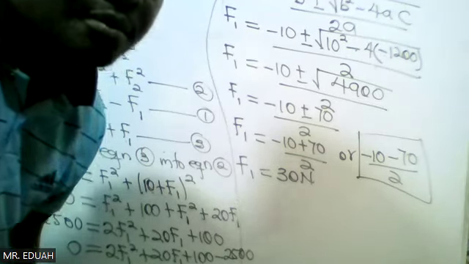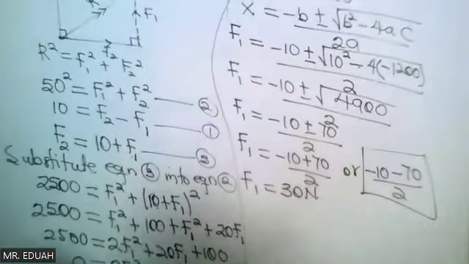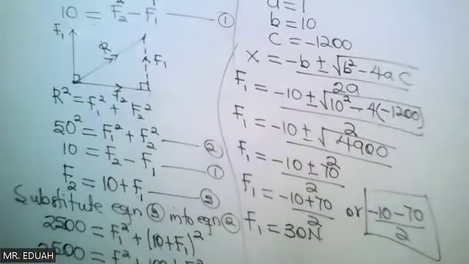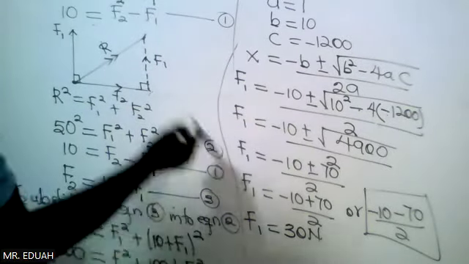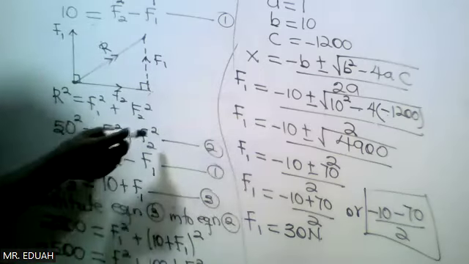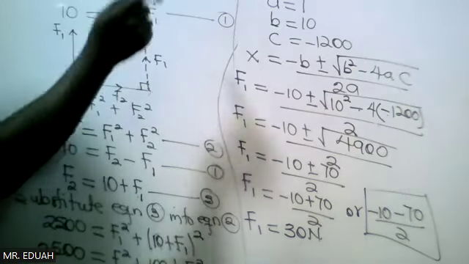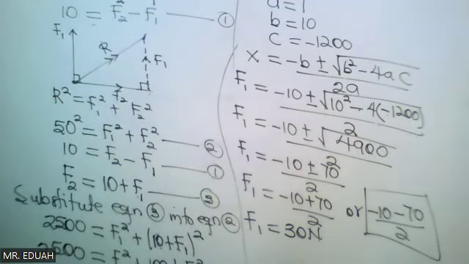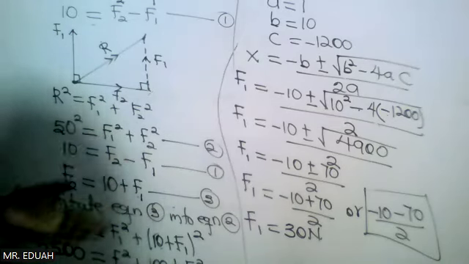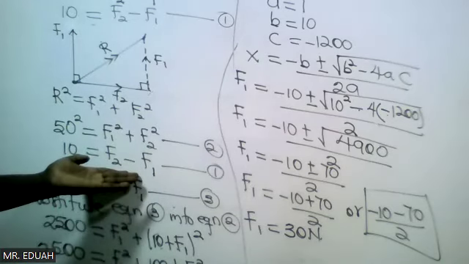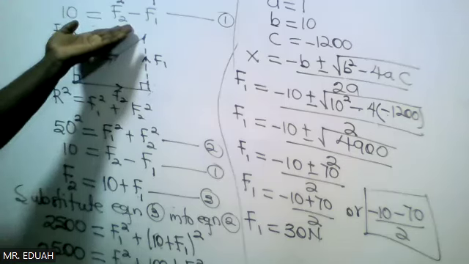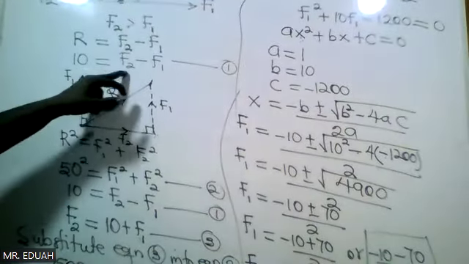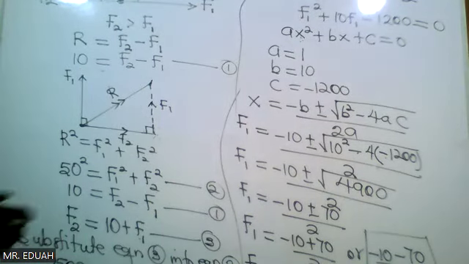Yes, please. Okay. So once I have F1, you can use any of the equations, whether equation 1 or equation 2, to find the other one. But the easiest one certainly will not be the quadratic equation. Use the linear equation: 10 is equal to F2 minus F1. That will be easier.